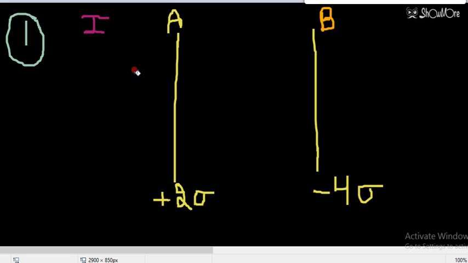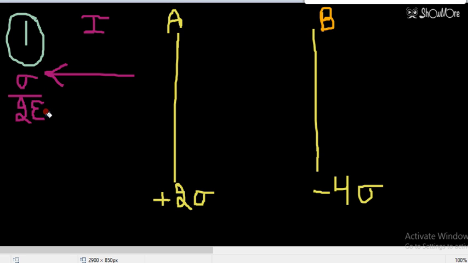This is positive charge, so due to this sheet, electric field will be along this direction, having the magnitude sigma by 2 epsilon naught. We have done this derivation yesterday.